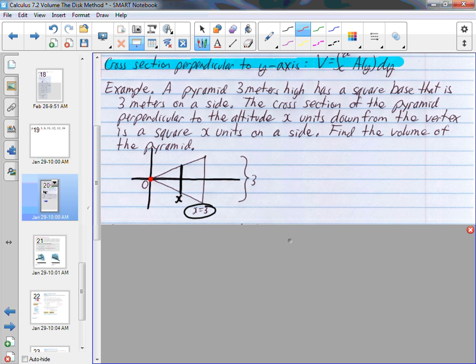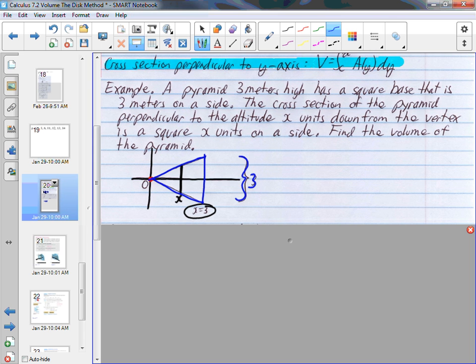Okay, so then I did that, and again, that's obviously not the whole pyramid. I'm looking at it side view. It's laying on its side, isn't it? The altitude is the x-axis. Well, the x-axis goes through the altitude of this pyramid. Okay? Now, it says the base of the pyramid is 3 meters on a side, so that's where that 3 comes from.